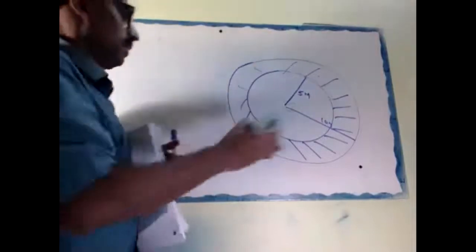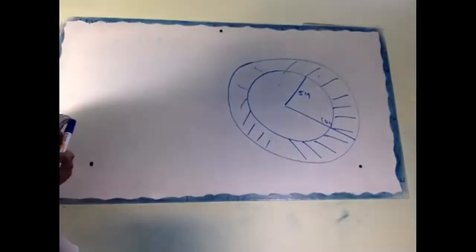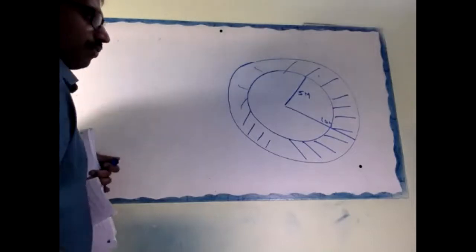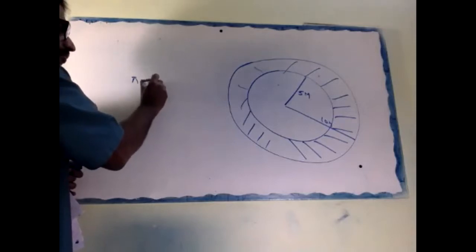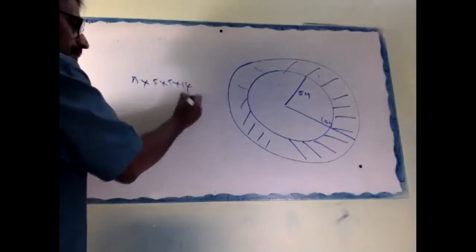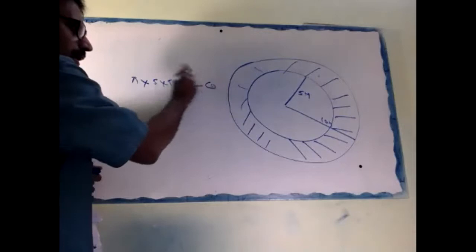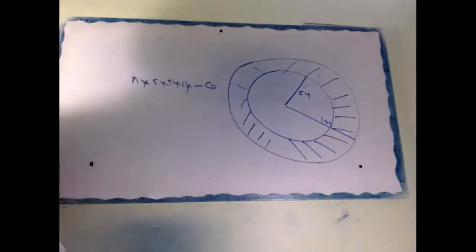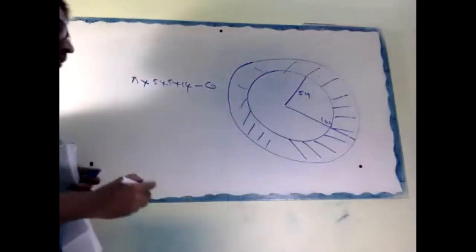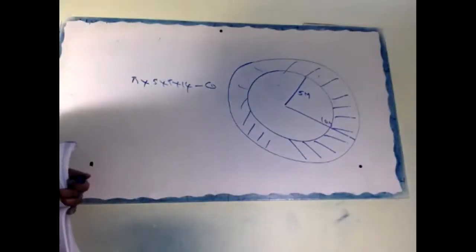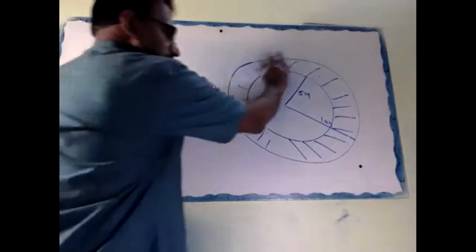I'll give the note. Volume of earth dug out equals volume of earth on the embankment. Then second line, volume of earth dug out equals pi into 5 into 5 into 40. Keep it there. Don't multiply. Now, next line, volume of earth on the embankment equals base area into height.